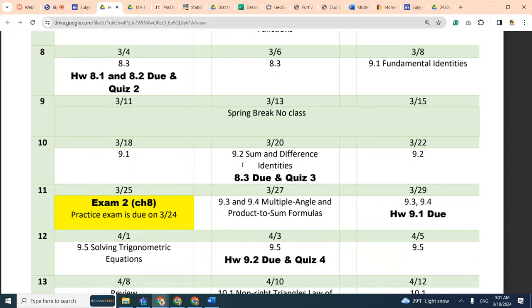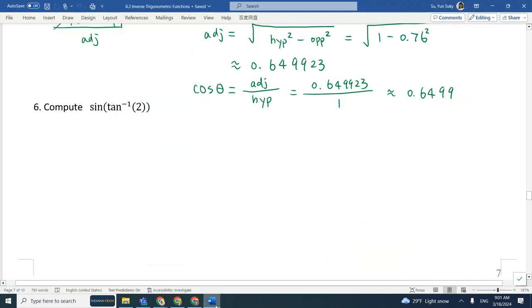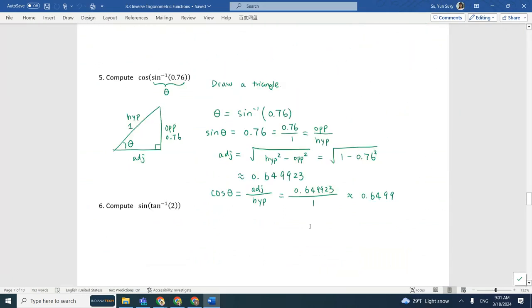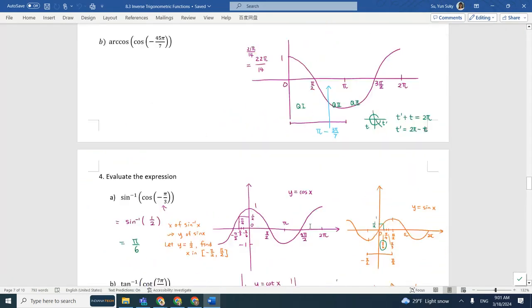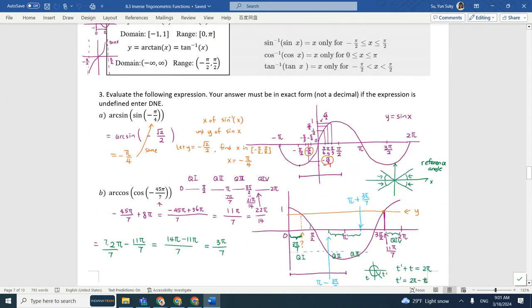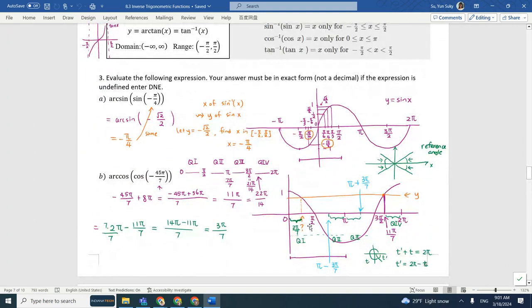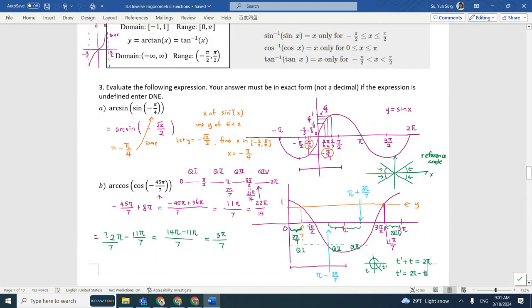Okay, so let's continue on section 8.3. So last time we talked about the inverse trig function, and we also talked about how to find the values when you see an inverse trig function applied on a trig function.